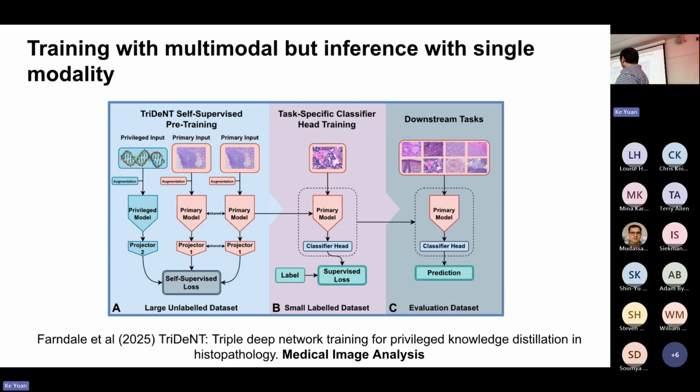So we came up with a method to do that. The use case scenario we imagined is where you have access to a small set of training data where you have matched H&E and some spatial data, be it spatial proteomics or spatial transcriptomics, but you only have that in the training set. When you want to deploy your trained model, you only have access to H&E.